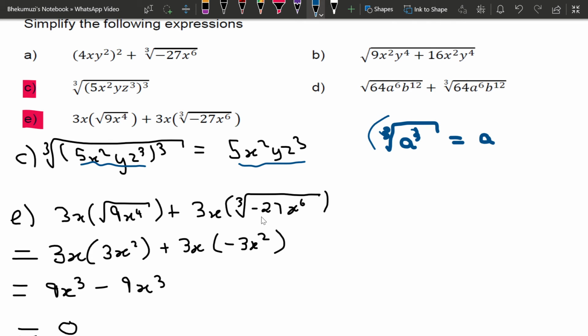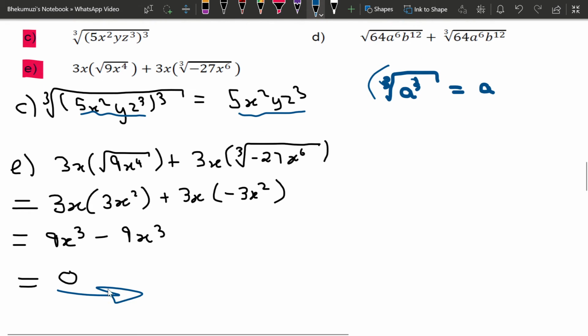Then here again you have the cube root of minus 27, and minus 27 is actually negative 3 to the power 3, and x to the power 6 gives x squared, and you're left with this, and you'd find that the final answer is equal to 0.